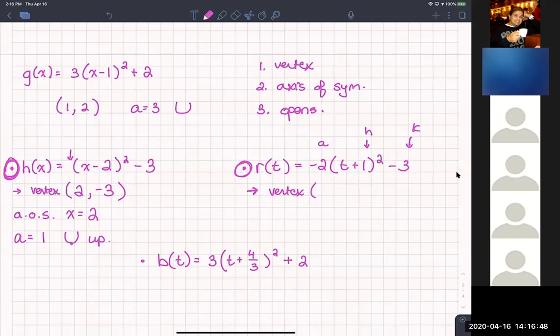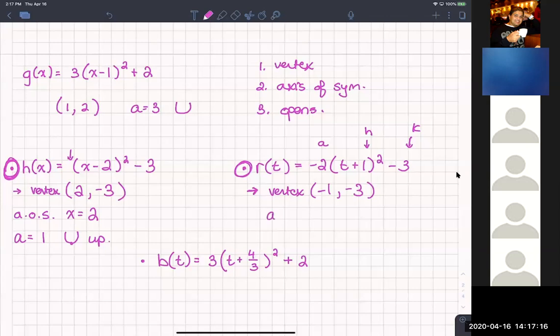In order for h to be positive, it has to be subtracted. Is it being subtracted on the inside? No, it's being added. So h is negative. It's not 1, but -1. Good. What is k? -3. Okay, good. So the vertex is (-1, -3).